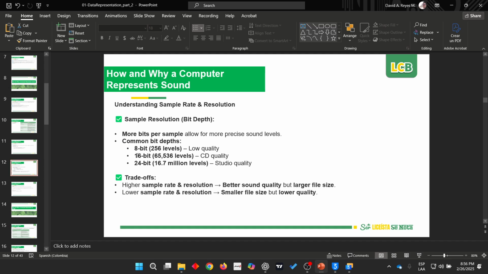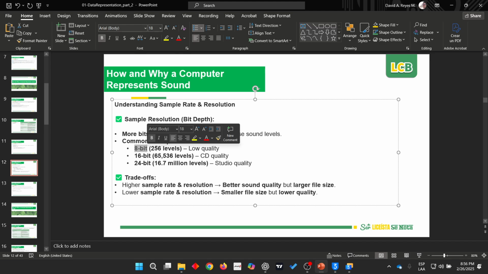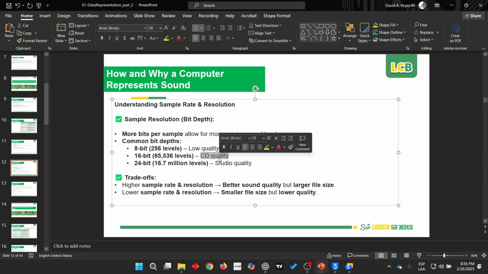So look here. If we use 8 bits in sounds, that means low quality. If we use 16 bits, that means CD quality. And if we use 24 bits, that is studio quality. Talking about levels, when you use 8 bits, you are using just 256 levels.